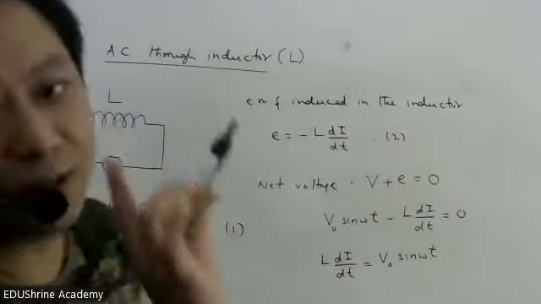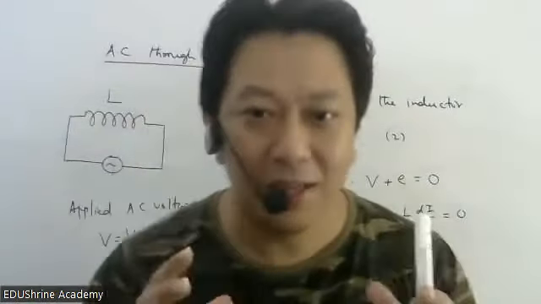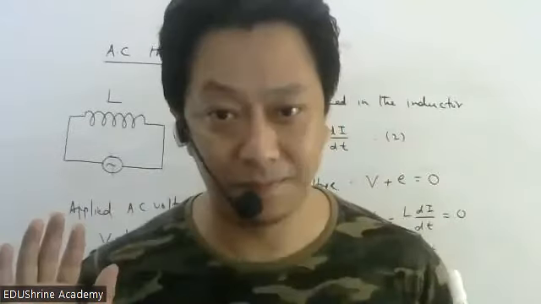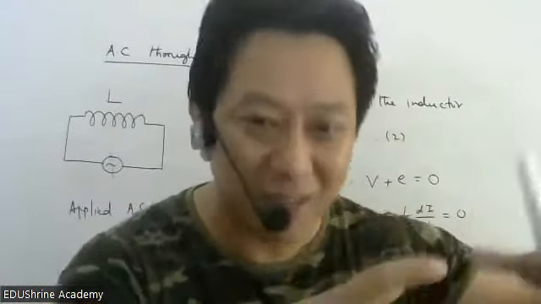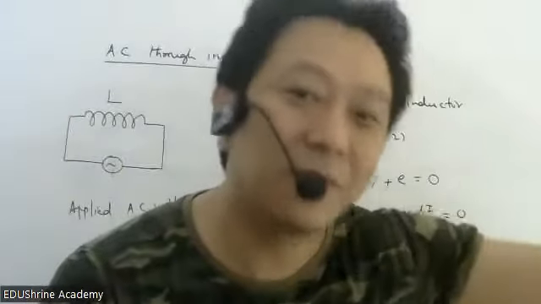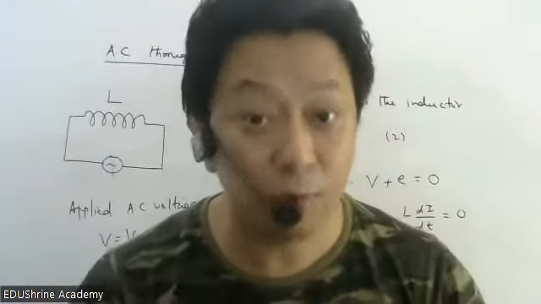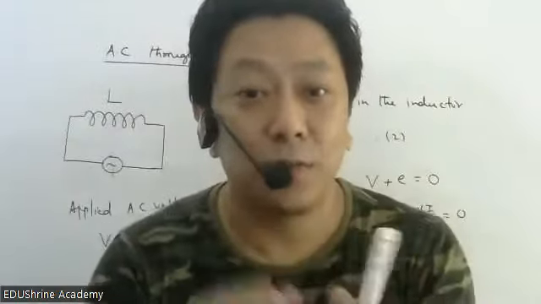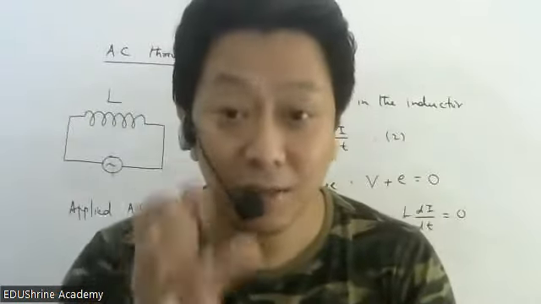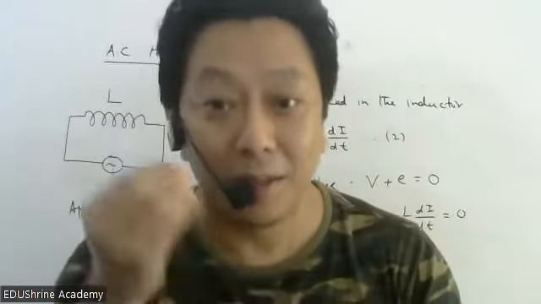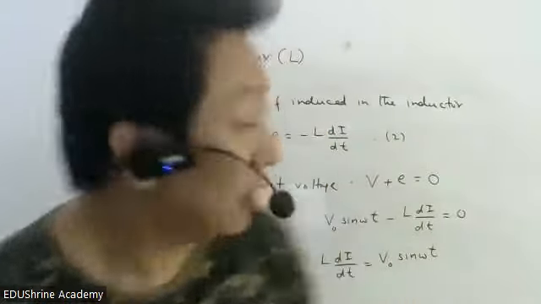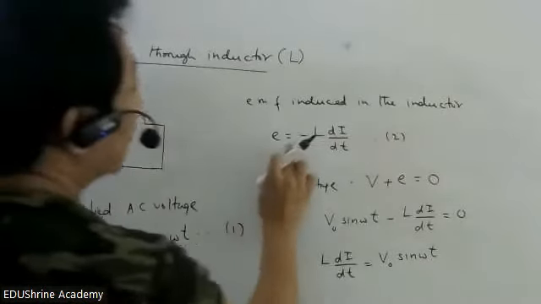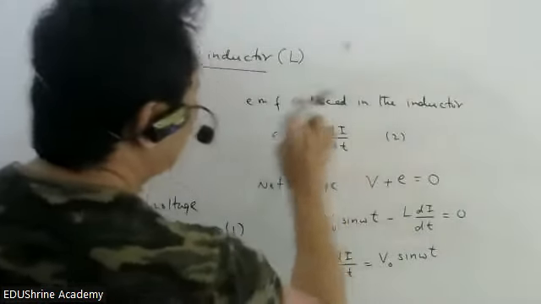First understand one thing, students. Every circuit has something called inertia, which opposes change in current. Now we did not consider that inertia in the previous chapters, but now we want to. That property of a circuit which opposes change in current is called inductance. The formula for inductance is: whatever EMF is induced here equals minus L di by dt.